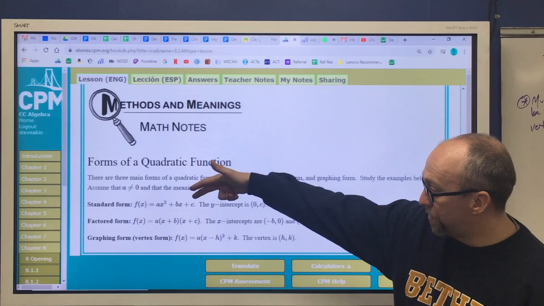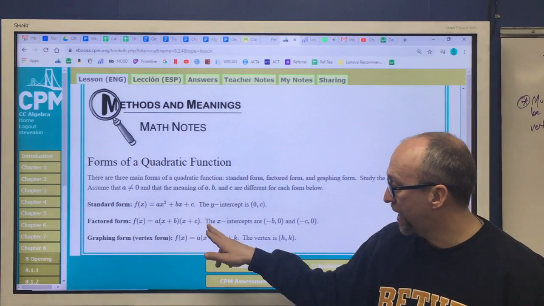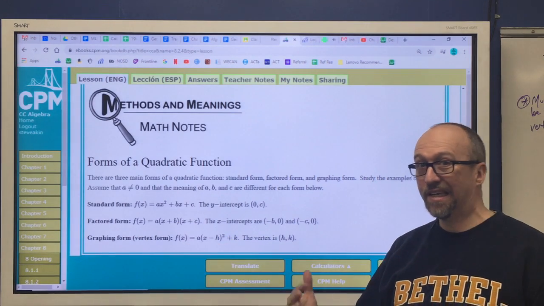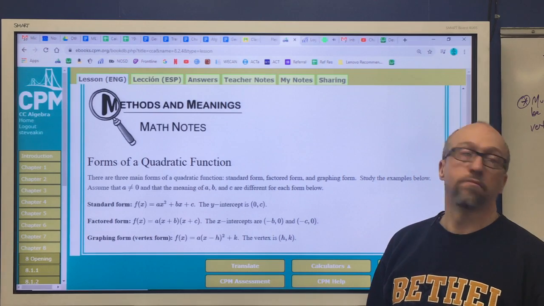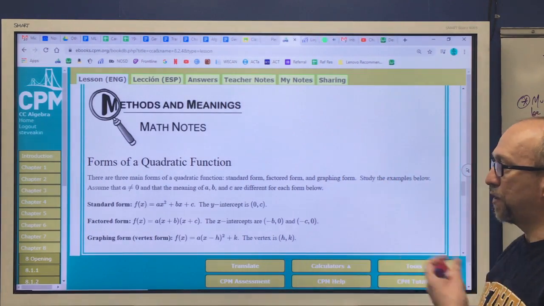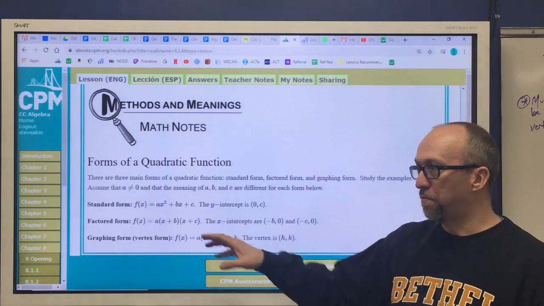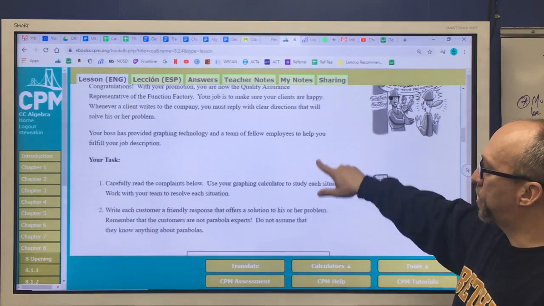So I can get the y-intercept with standard form, but not a whole lot else. I can get the x-intercepts from the factored form, not a whole lot else. I can get the vertex from this form, but not a whole lot else. So they all have their strengths and weaknesses, but what's nice is you can build a graph based on what's there.